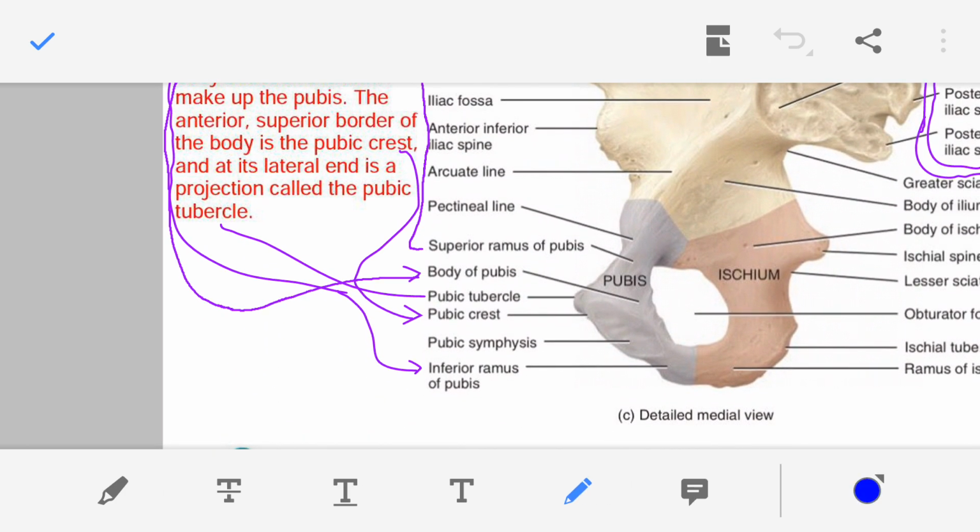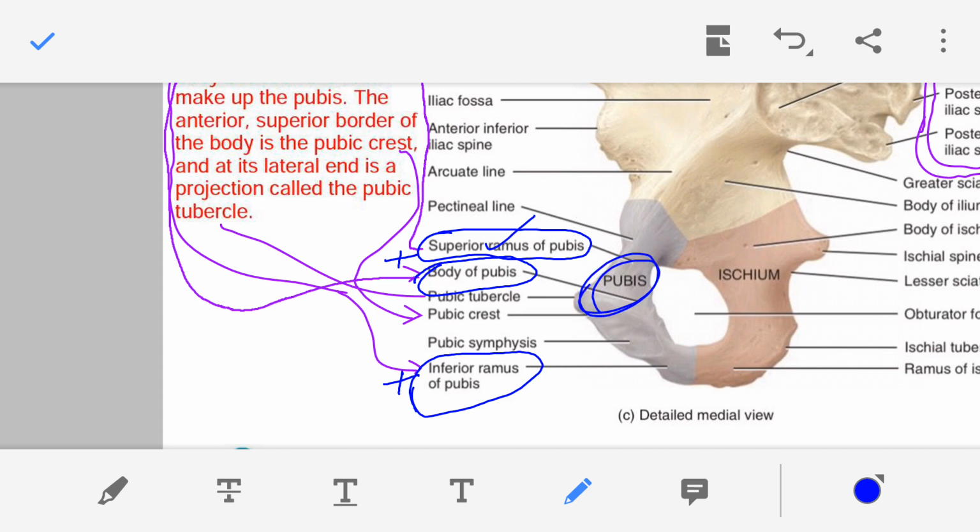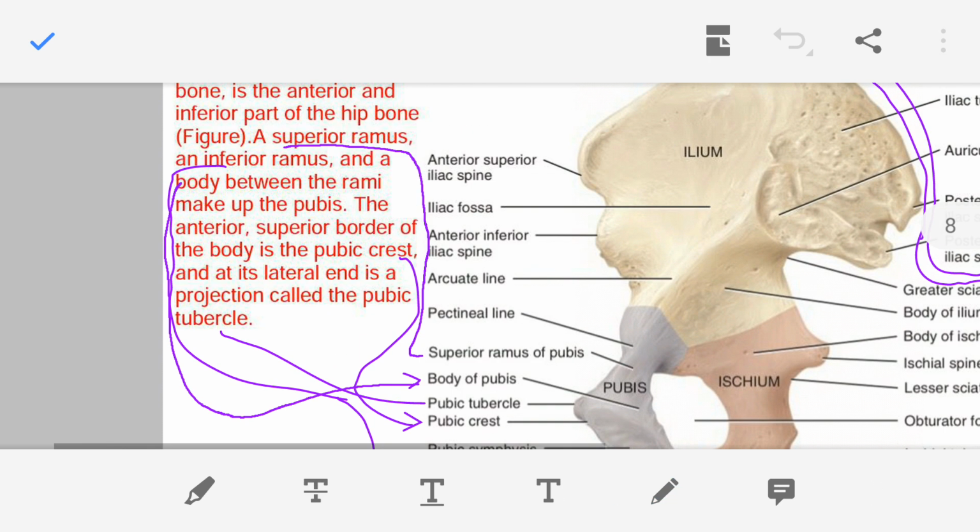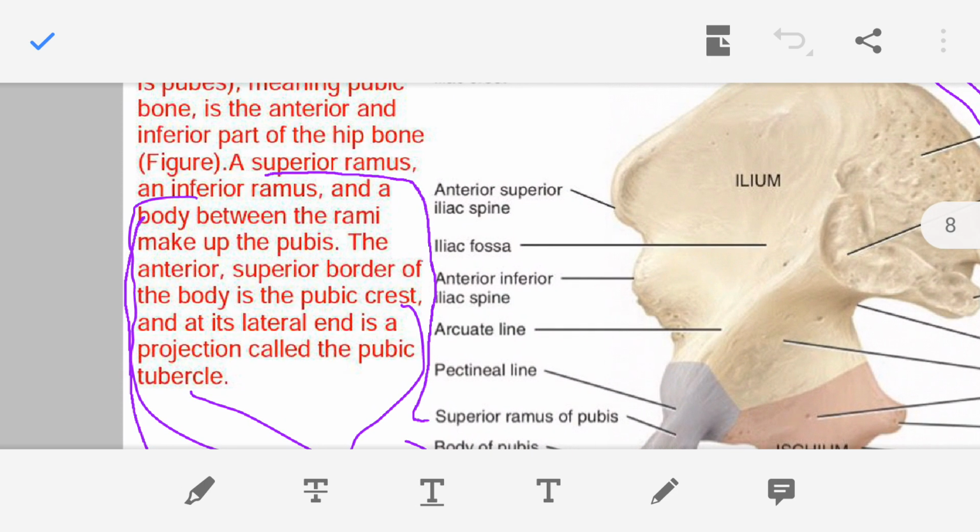So we can say superior ramus of pubis plus body of pubis plus inferior ramus of pubis. These three together are making the pubis. So that is the meaning of this point.